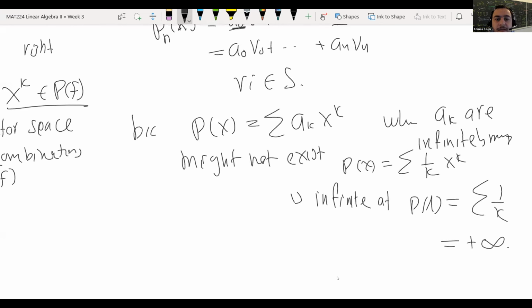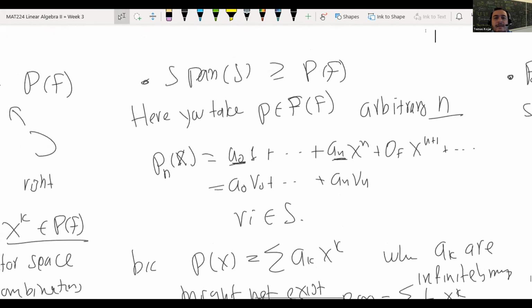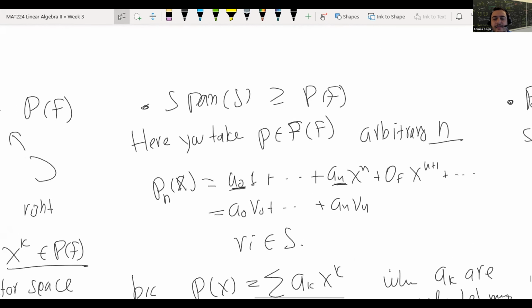Is that okay, Parth? Yeah, so you're not actually considering polynomials of infinite degree, but instead of arbitrary degree. Yes, we all got it. And then the geometric series is not in the set. Right, so exactly. So we're not allowing infinite things.